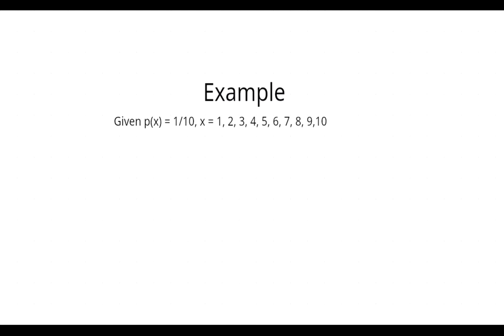Find the mean and the variance. Find also the probability that x is at most 7. So let's use the word 7 here.